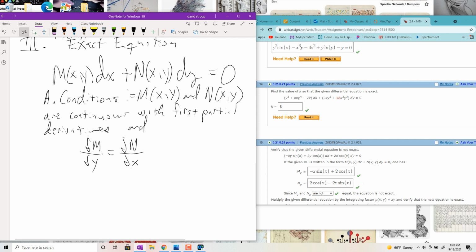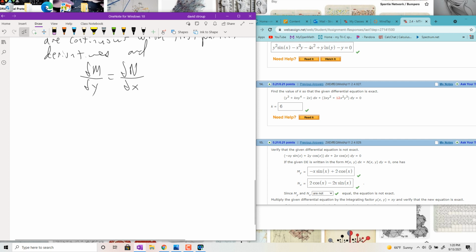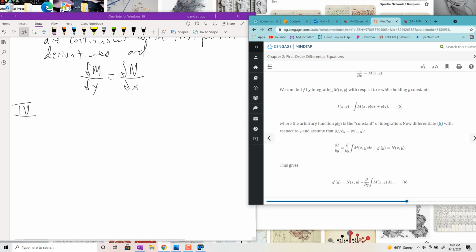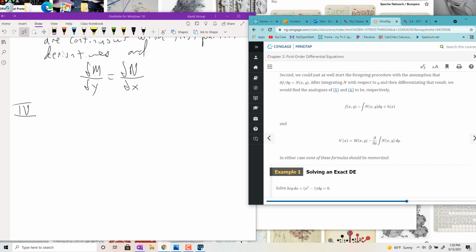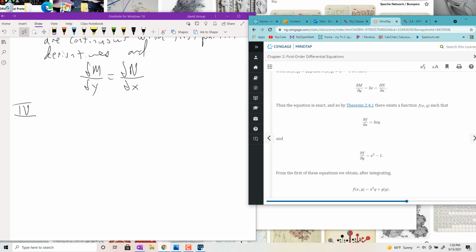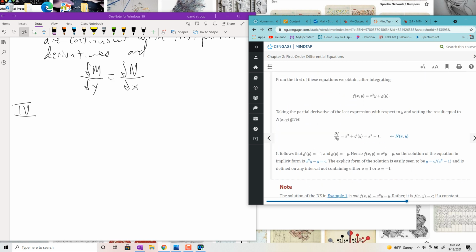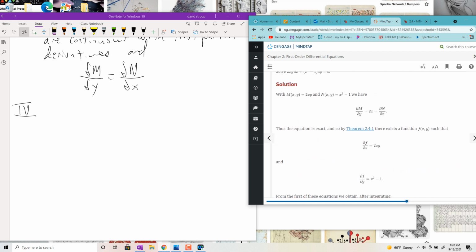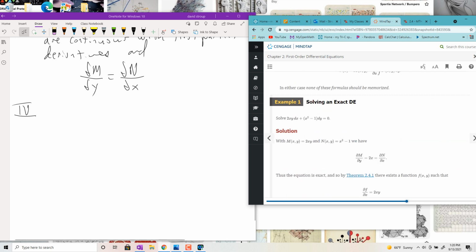Okay, so anyways, let's take a look at the method. The method I use is a bit different than what they show in the book. I think mine's a little bit more direct and encompasses everything they want. They go through it very abstractly, and then they have a lot of writing. When I do it, it's all just math. I don't worry about writing anything out, but let's take a look.